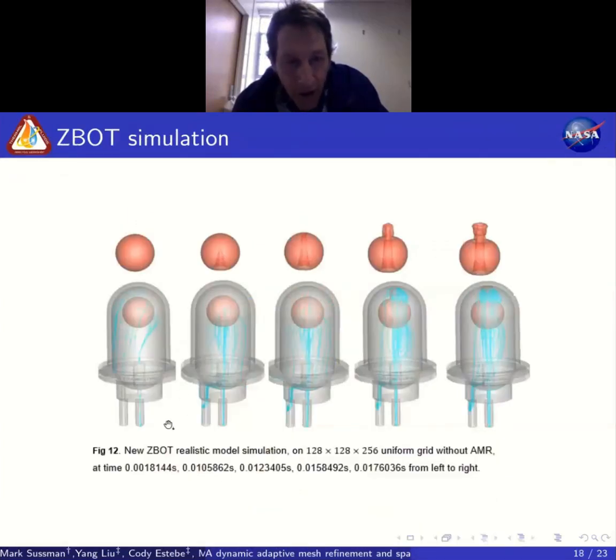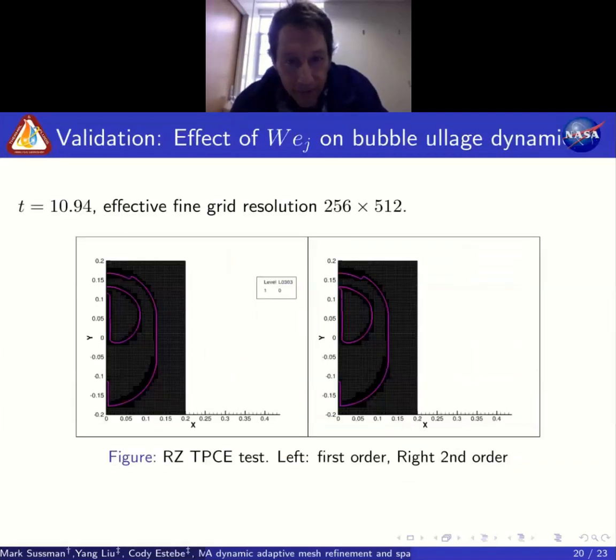For these simulations, for this case where one has a jet impinging on a gas bubble, there have been papers which introduce the Weber number.